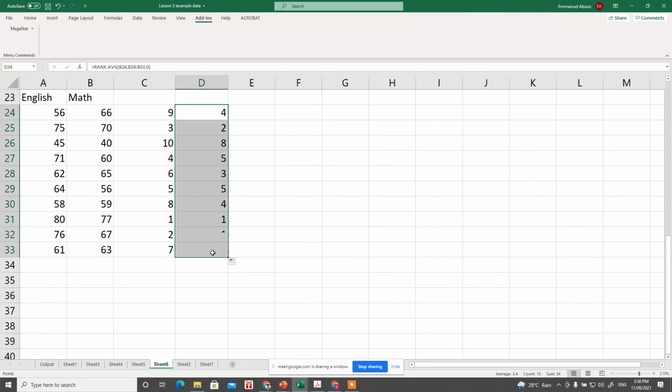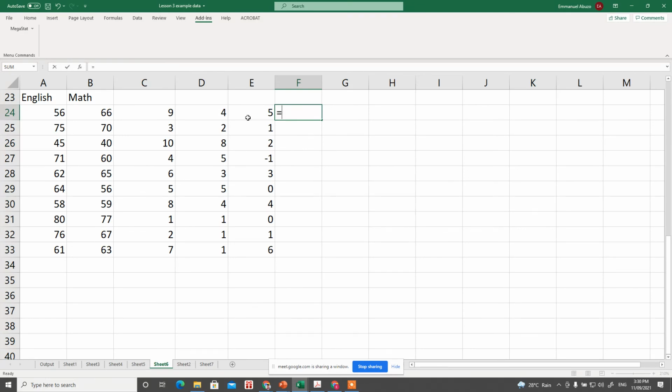As we can see, there are no ties. Now we can get the difference of these ranks. After we get the difference, we square it.